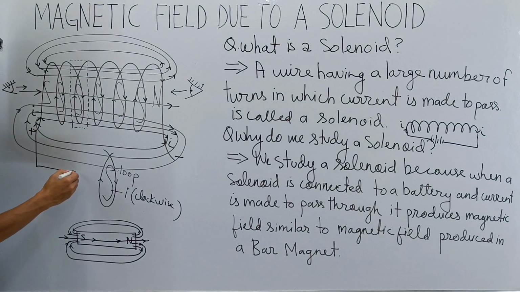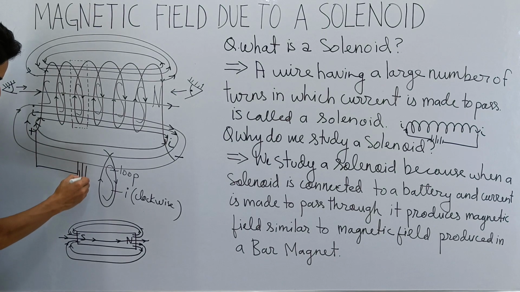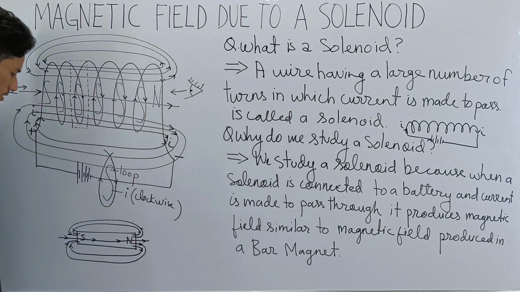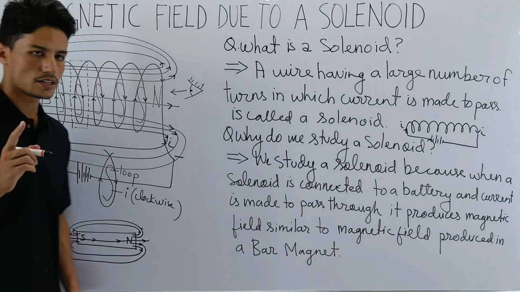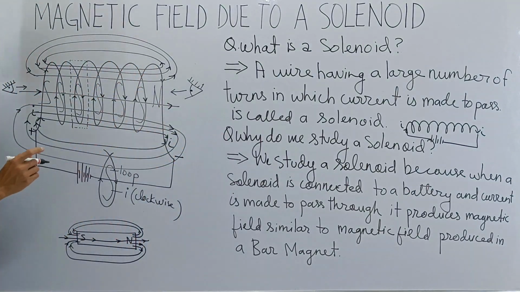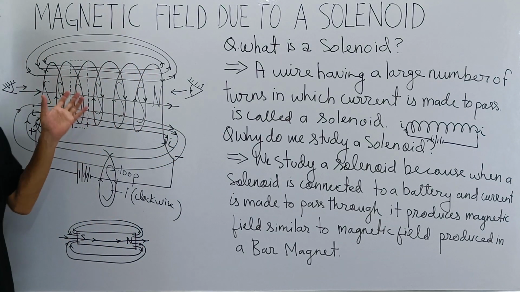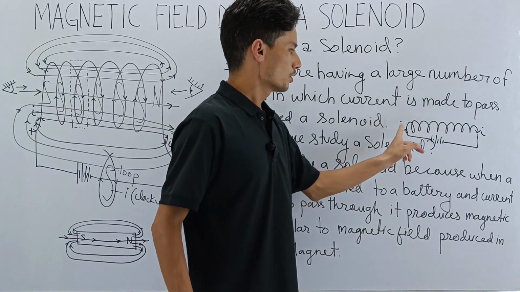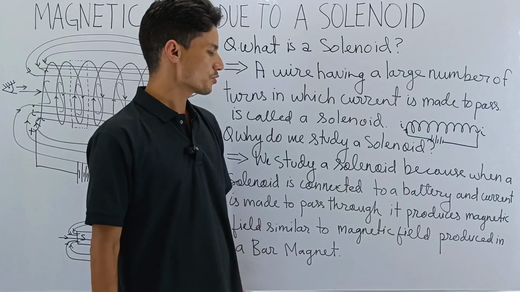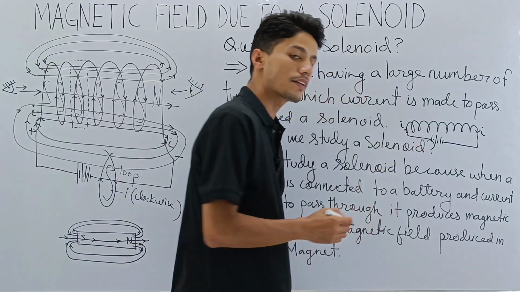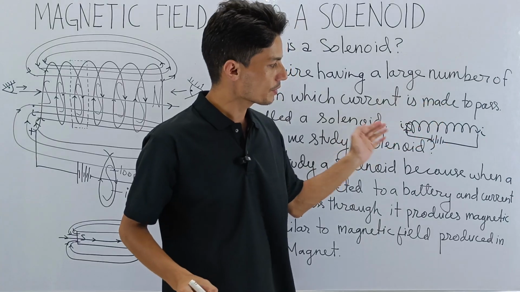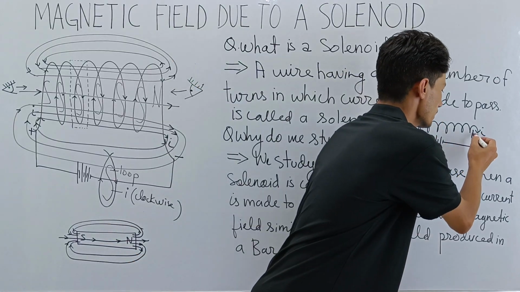So one trick to remember in the exam, if you're confused, if you're given a solenoid and you don't know which will be north and which will be south: the end from where current enters is considered as south, and the end from where the current exits is considered as north.